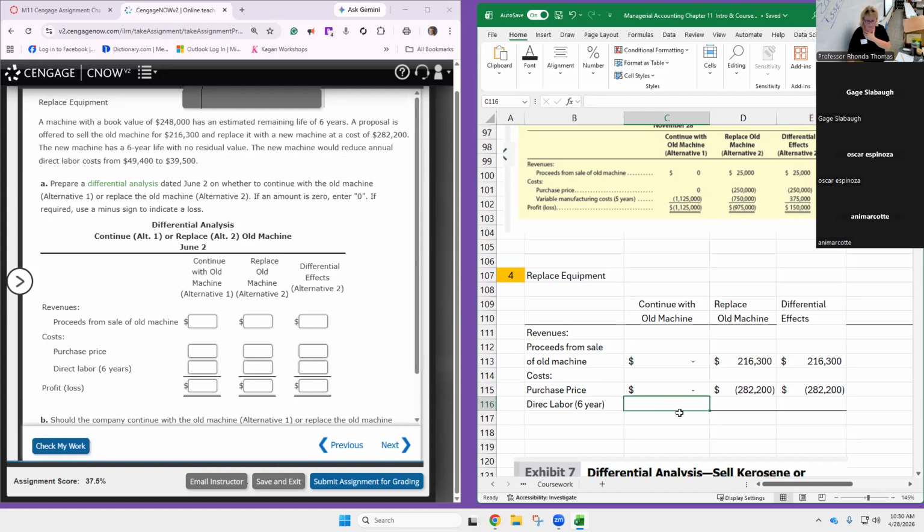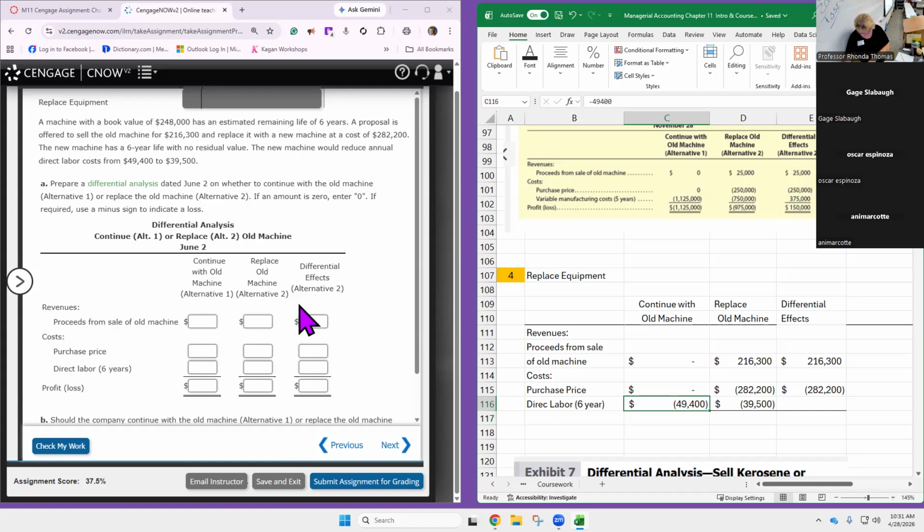Direct labor with continuing the old machine is going to be a negative 49,400, and then the new machine would have direct labor of 39,500. Now we're just going to, just a second, so that is 296,400.